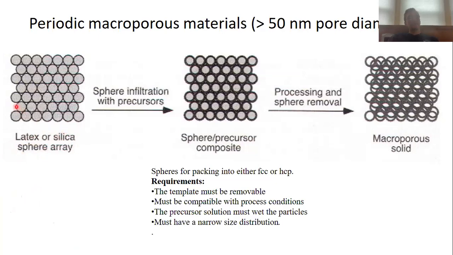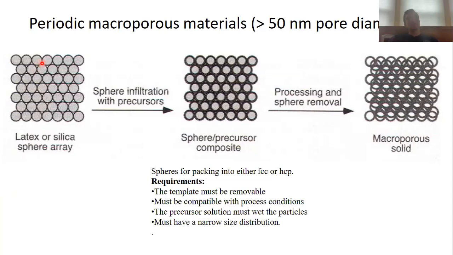These latex or silica spheres have typically diameters in the order of tens to hundreds of nanometers. And for that reason, the space in between these spheres is also in the macroporous range.